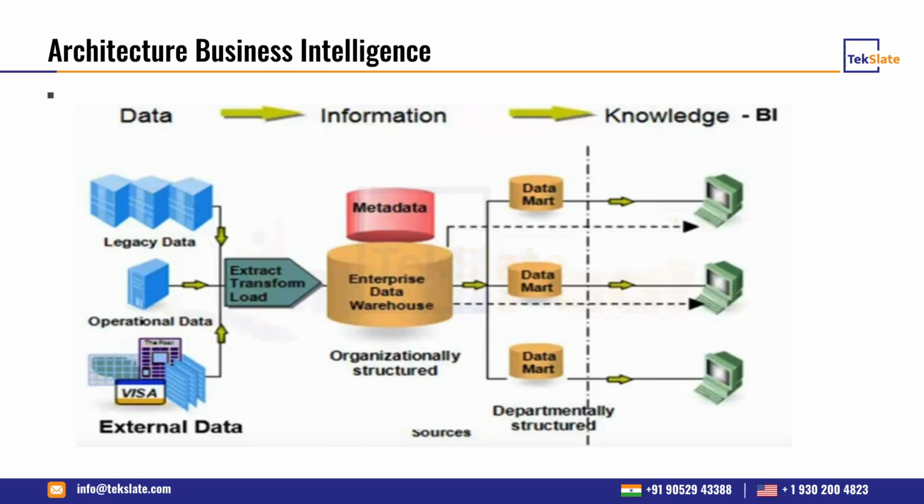They store similar types of information in that data mart, and that data mart is transferred to particular BI people, or knowledge workers. On that information only, they are going to generate any type of information.